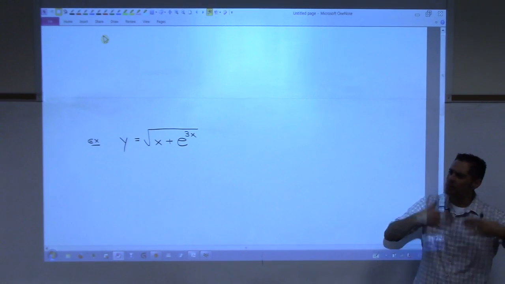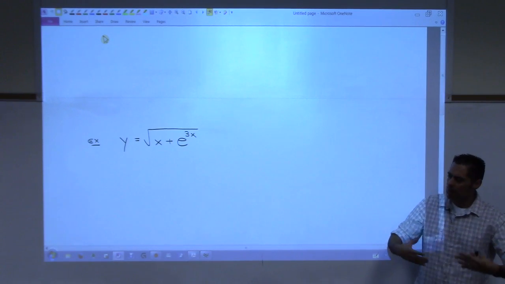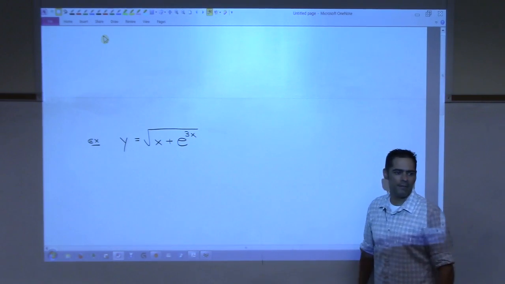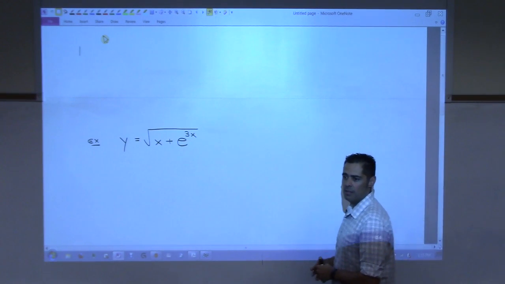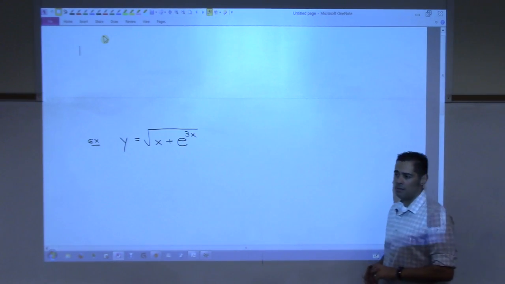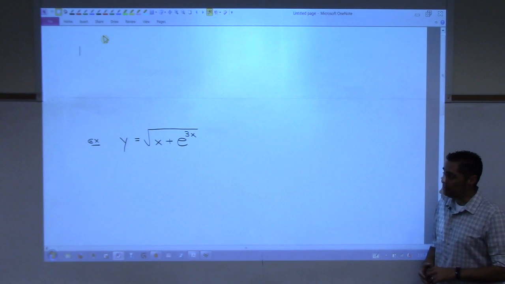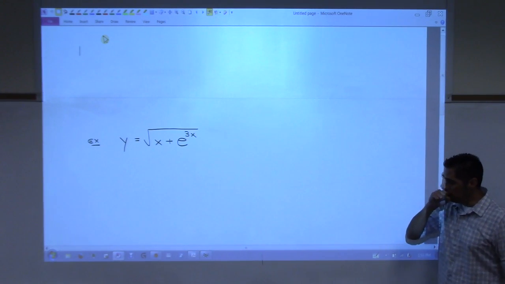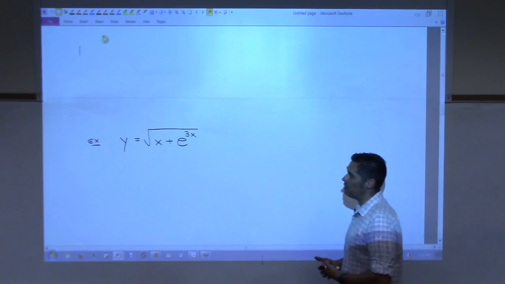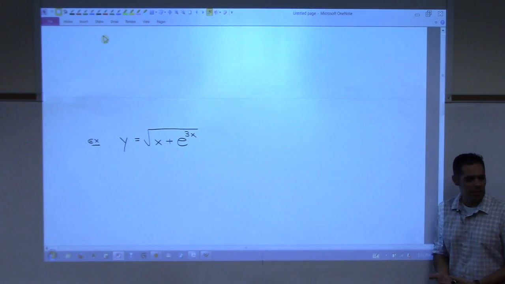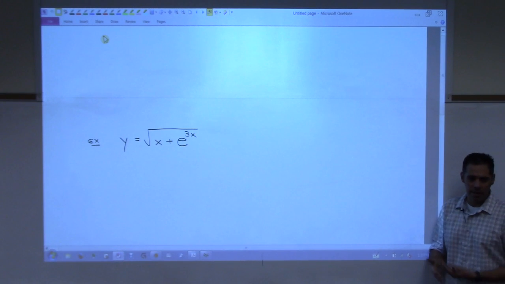I said, but the functions will become more complicated, right? This is an example of a complicated function. This is not a function you would study in college algebra or pre-cal. It's very complicated, but it has a graph. And we're trying to figure out the derivative, which would give us the ability to talk about its instantaneous rate of change at any point, or at any x value.